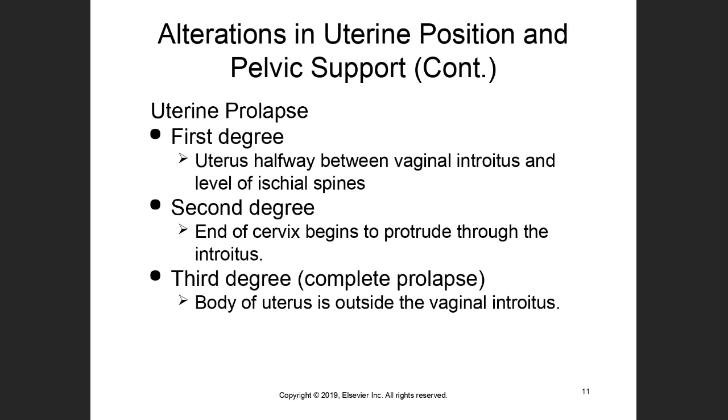Uterine prolapse: first degree, second degree, and third degree. I think it's not really important for you at this time, but you have to know the symphysis of the pubis, and then according to the relation, first degree, second degree, third degree, and there is another one that is fourth degree.